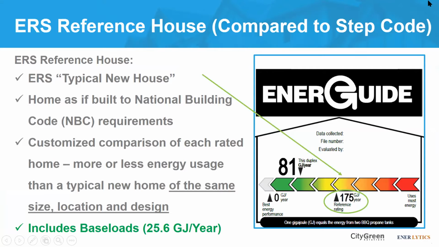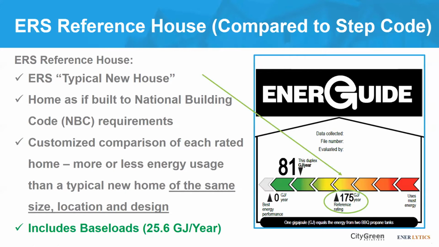So let's look at the difference between the ERS reference house as used in the EnerGuide rating system as opposed to the percentage less than the ERS reference house used in the BC Energy Step Code. The reference rating on the EnerGuide label, as you might see here at 175, shows the ERS typical new house. And that's a home as if built to the National Building Code requirements.